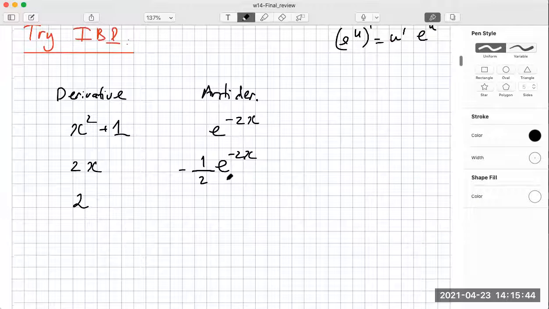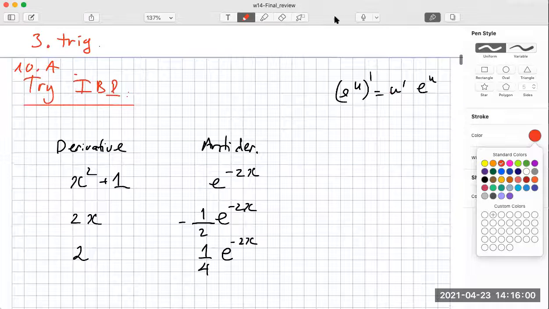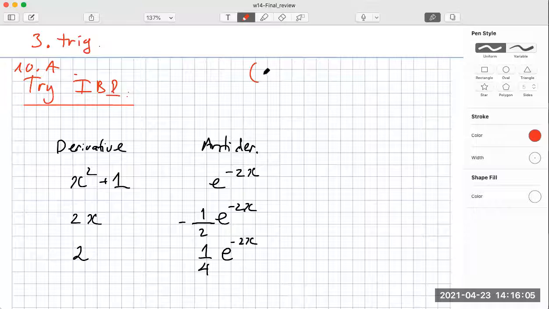Okay, we take antiderivative one more time. What do we have here? Very good. And remember, we can do it multiple times. If you don't remember the integration by parts formula, you can always play with this. U and V prime. It would be the product rule. It would be U prime V plus U V prime.